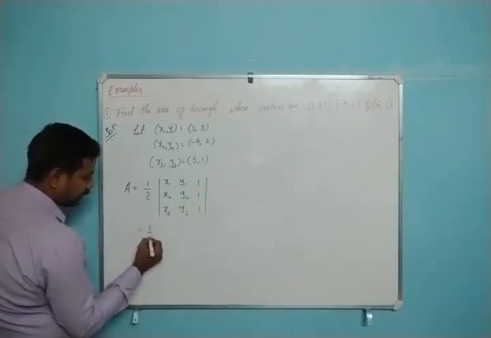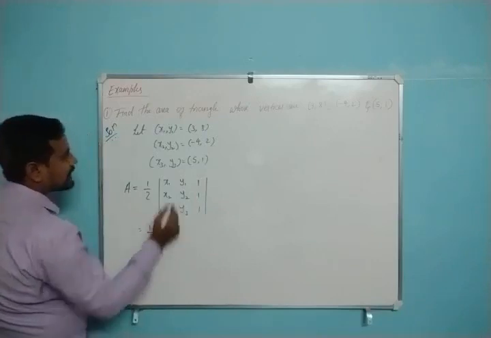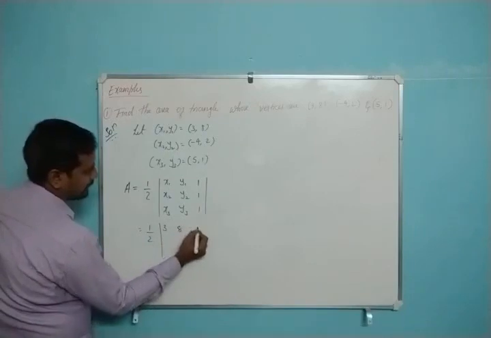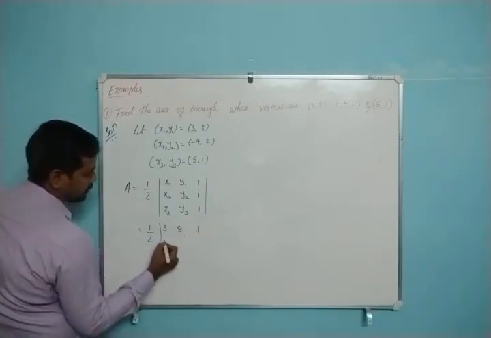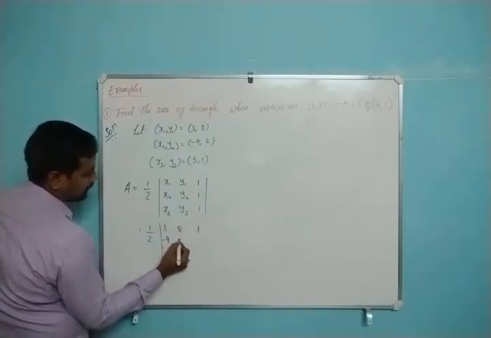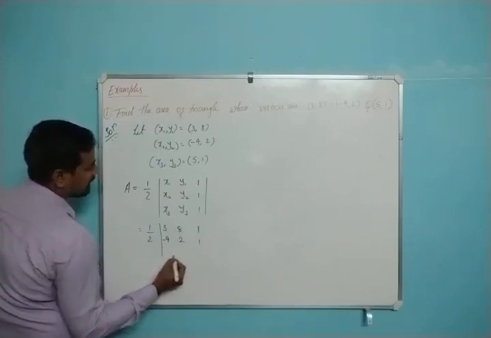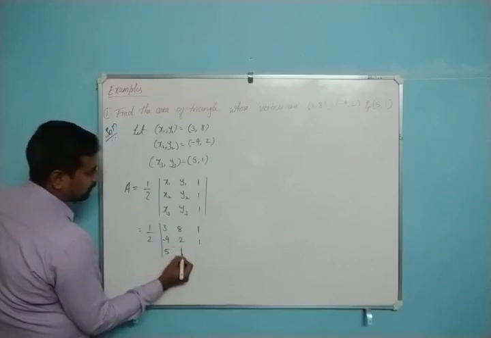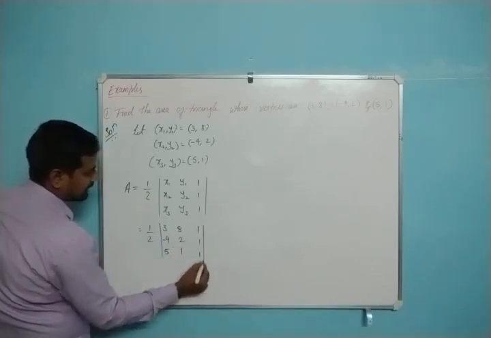What is x1? That is 3. What is y1? 8, and 1 as it is. x2 is -4, y2 is 2, this 1 as it is. x3 is 5, y3 is 1, and this is 1 as it is.